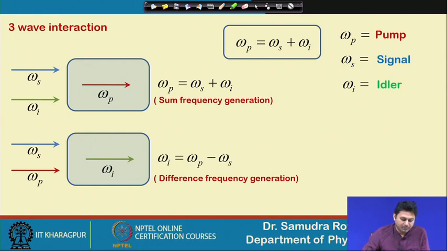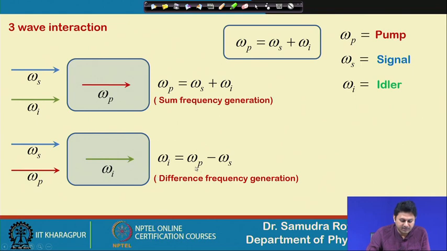But when we do difference frequency generation, instead of launching an idler we can launch a pump. Signal will always be launched at the input, so omega s will always be in the input; the only change is the idler or pump. When we change the idler to pump, the equation is the same, omega p equals omega s plus omega I, and omega I is generated.